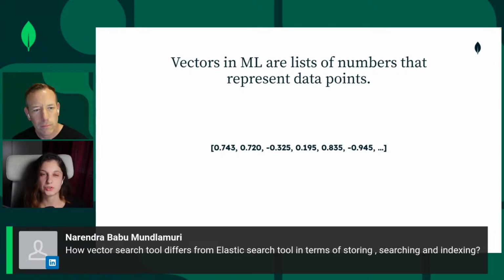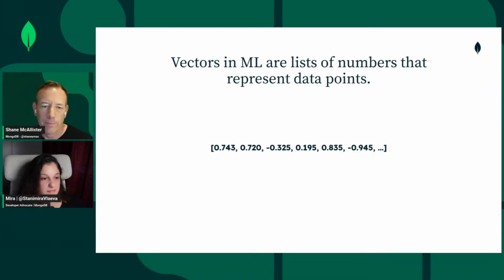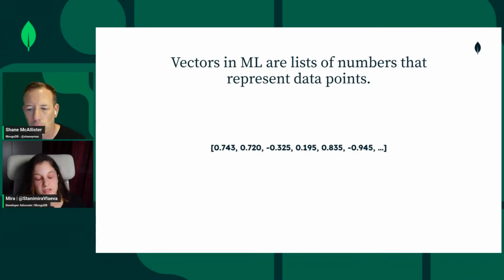I think they also support vector storage and searching for data by comparing vectors using similarity functions, which is similar to what MongoDB Atlas vector search allows you to do. Sure. Okay, cool. So yeah, both things are supported in Elasticsearch as well.